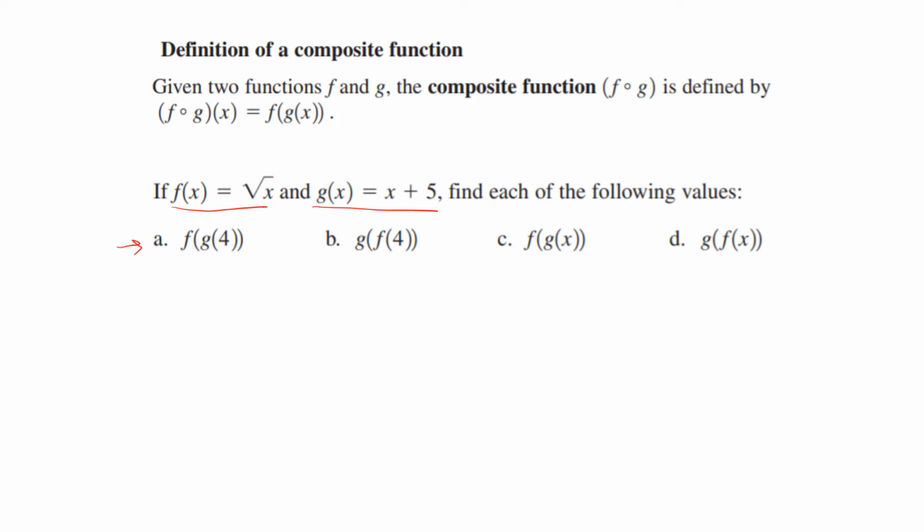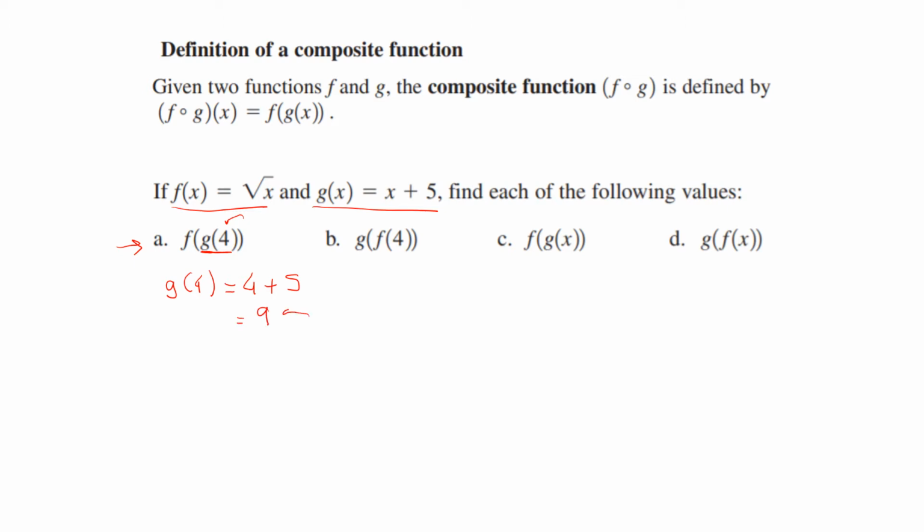For part A, I have f(g(4)). I start from the inside first, because my g is a function, not a number, but I know what I need to plug in, which is 4 for the x value. So g(4) equals 4 plus 5, which gives me 9.